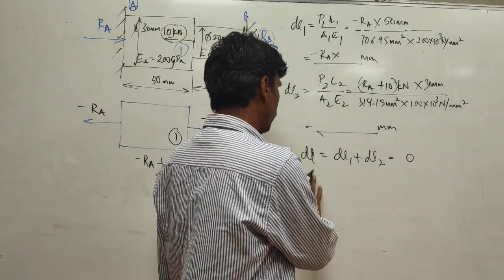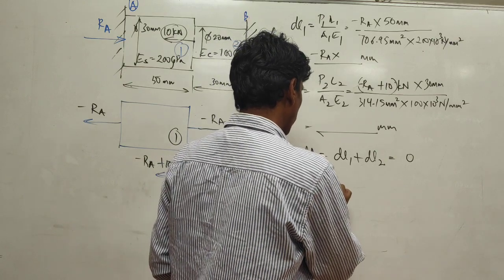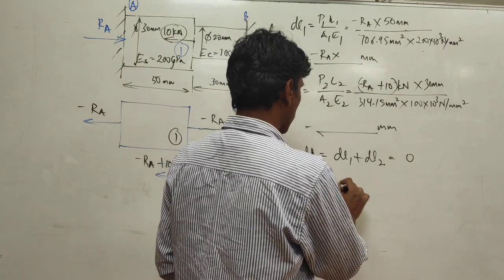So DL1 is actually minus RA into some number.